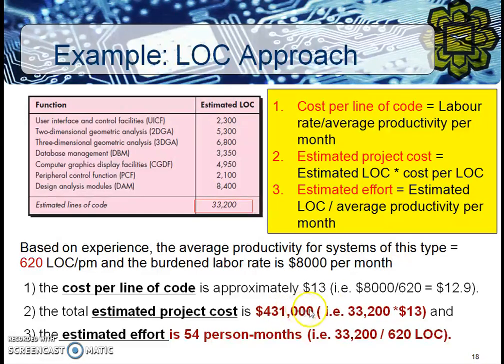And finally, we can also calculate the estimated effort, which is estimated lines of code divided by average productivity per month. So we get 33,200 divided by 620 lines of code per month. So we get the estimated effort is 54 months.